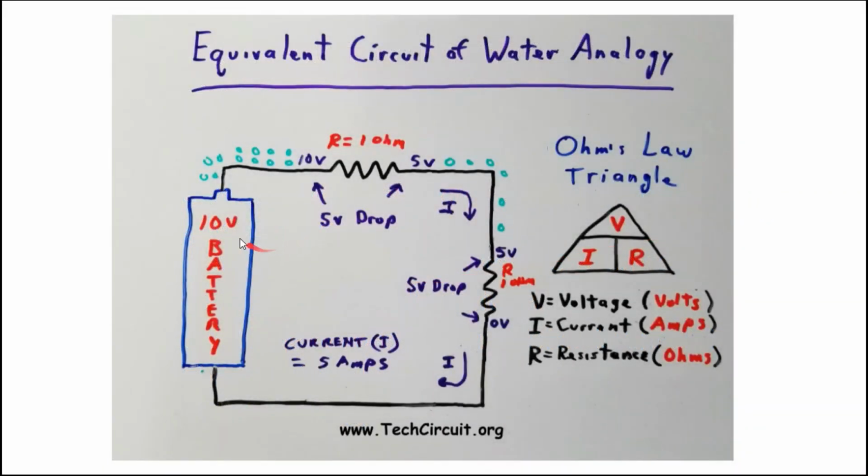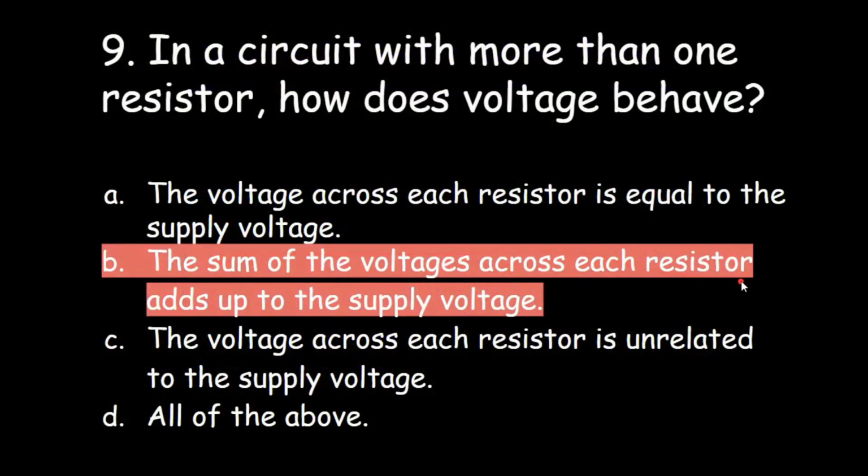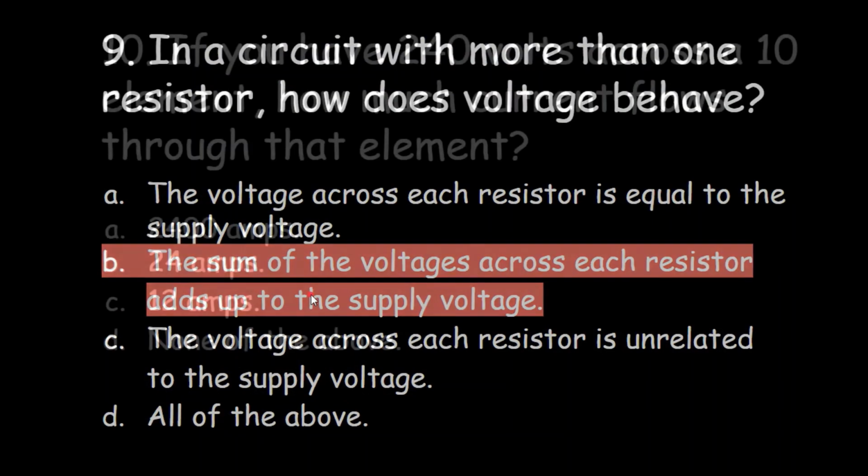Well, remember, if you have a 10-volt source over here, and we calculated the voltage drops in this circuit using Ohm's law, notice that the voltage drops across each resistor always add up in a series circuit to the supply voltage. So the answer is the sum of the voltages across each resistor adds up to the supply voltage.